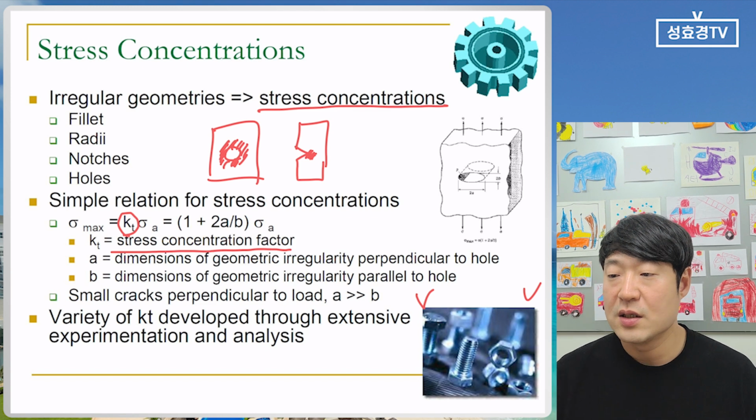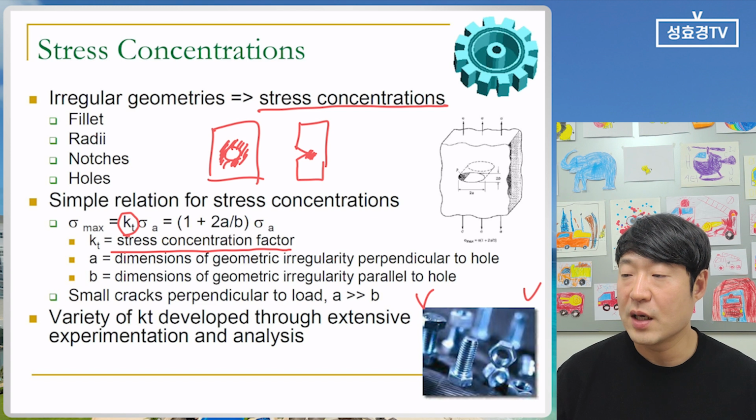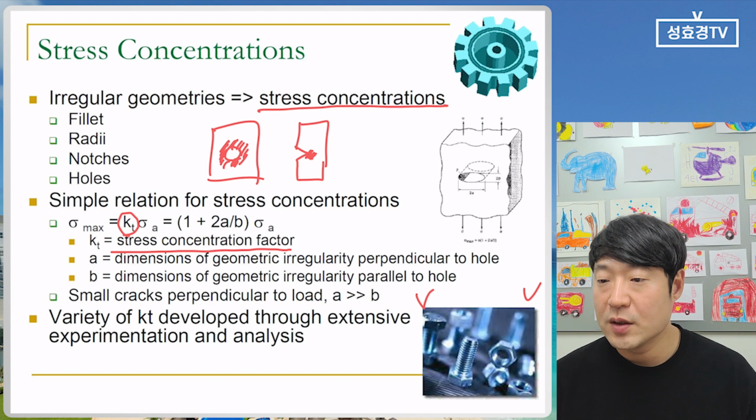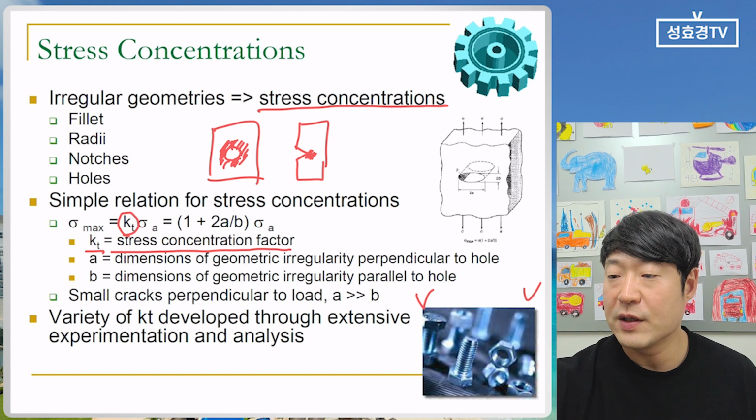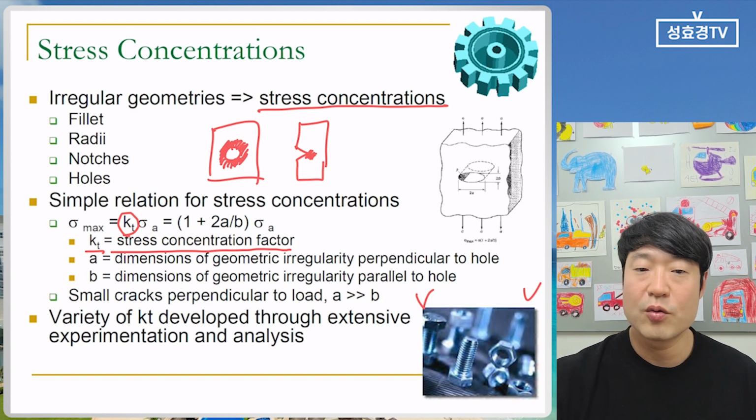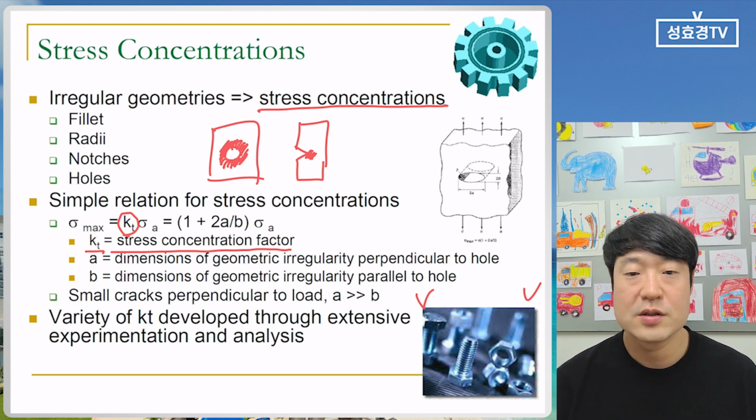So it is related to the type of the material, the morphology of the materials, and the parts. So this is something we need to consider. Sometimes, for example, if there is a hole, it can have a stress concentration factor of more than 3 times.